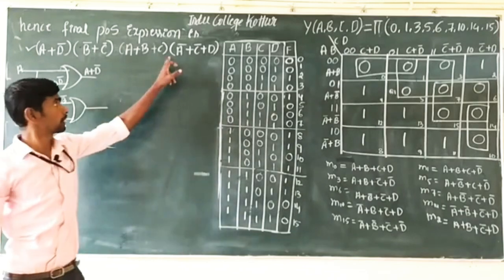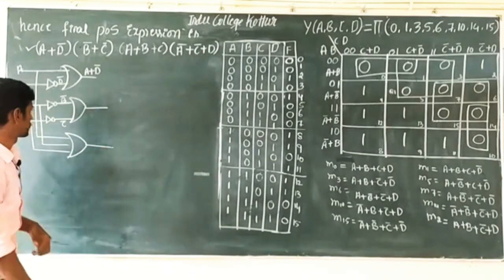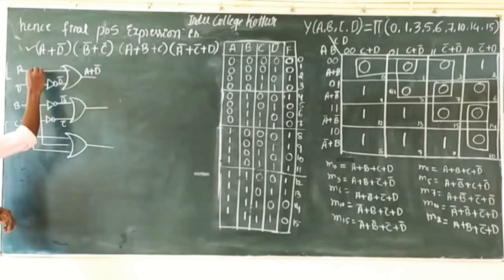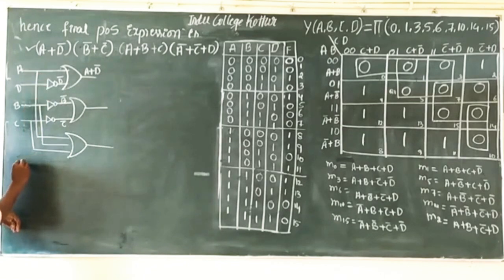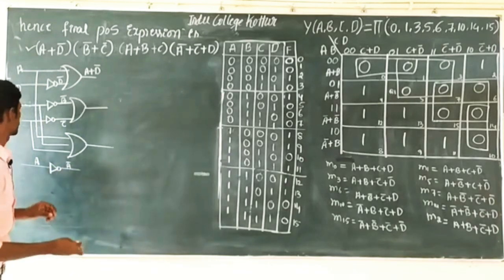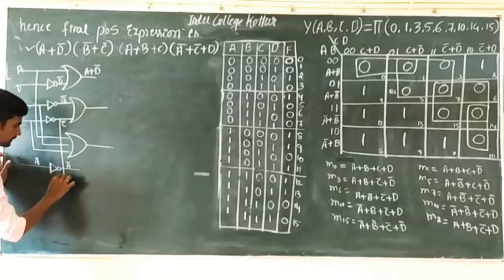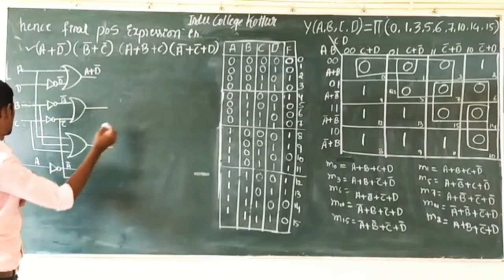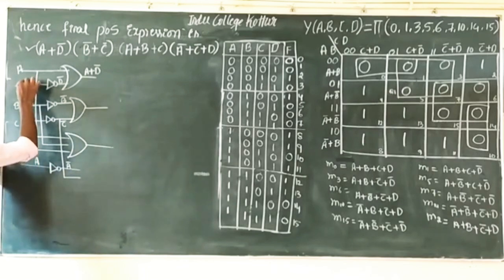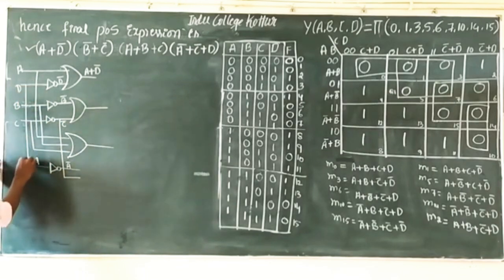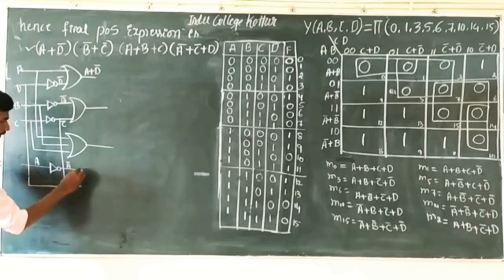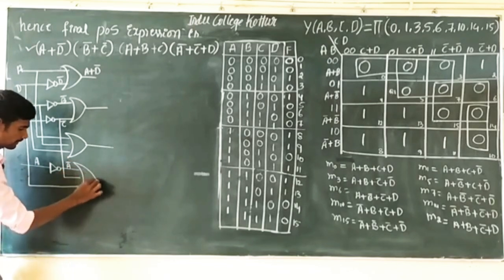Next A complement plus C complement plus D. Just you can pass A complement. Next C complement, here is C complement. Next D, here is D. We draw an OR gate.